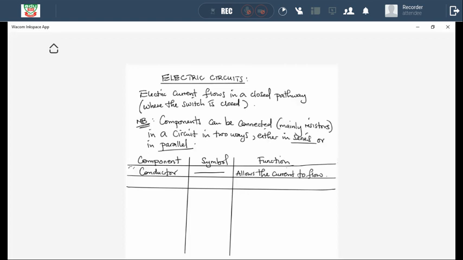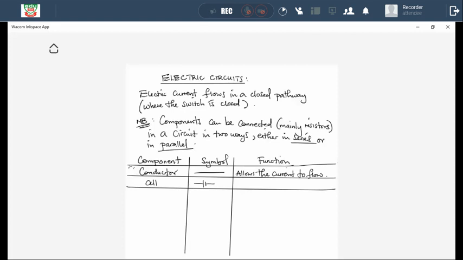The second component that we are going to look at is a cell, right? And the symbol has got one terminal which is longer than the other, like that. The longer terminal represents the positive terminal of the cell, and the shorter terminal is the negative terminal, right?